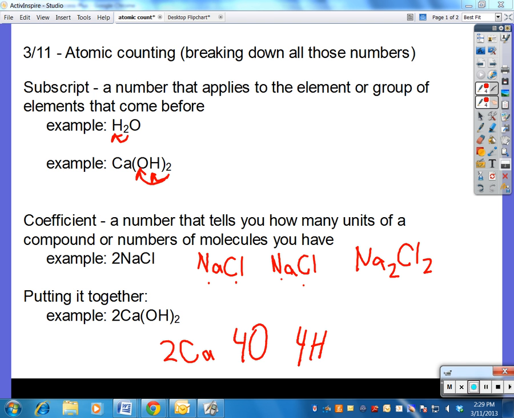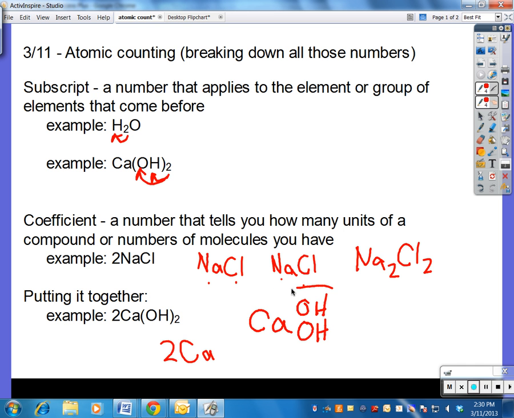One of the ways I like to break this down, let me erase this, or not. Okay, just leave that there. There, we can undo it like that. One of the ways I like to break this down is I'll say, so I have 2 Ca(OH)2's. Each Ca(OH)2 has a Ca with 2 OH groups.